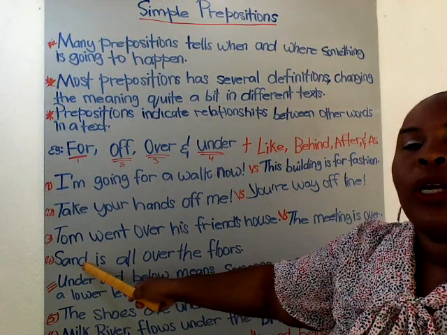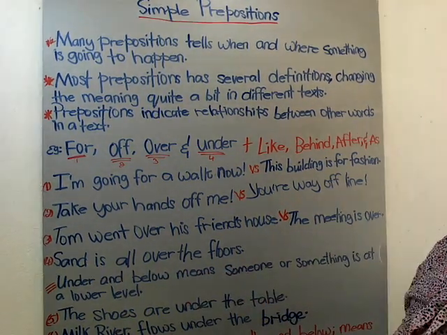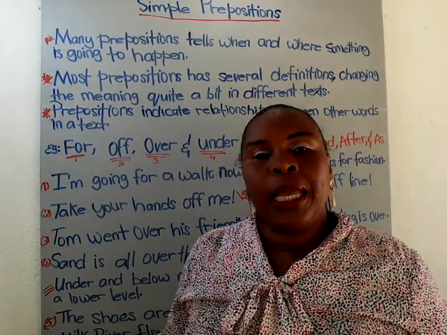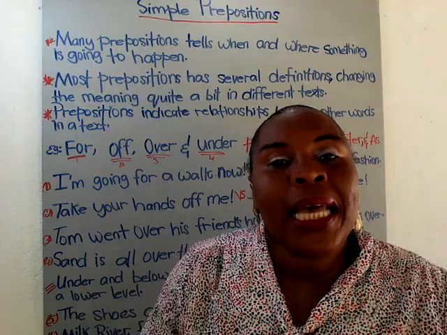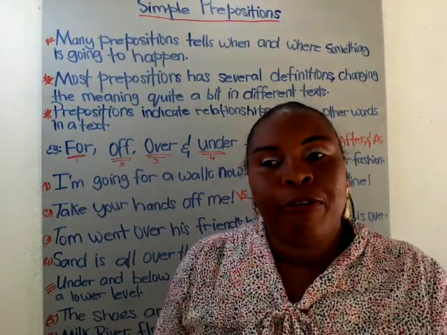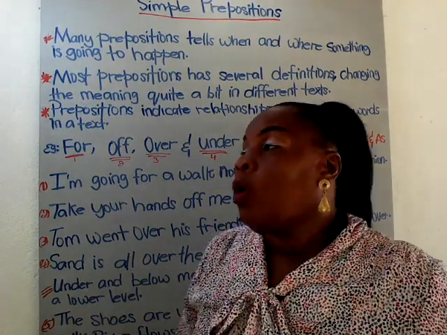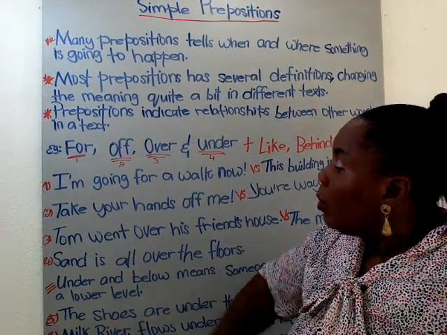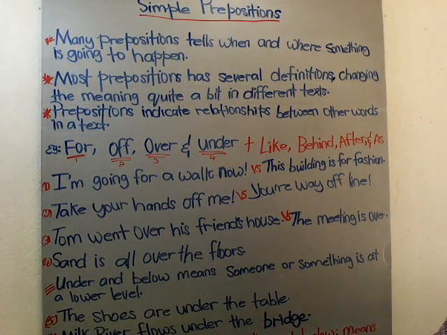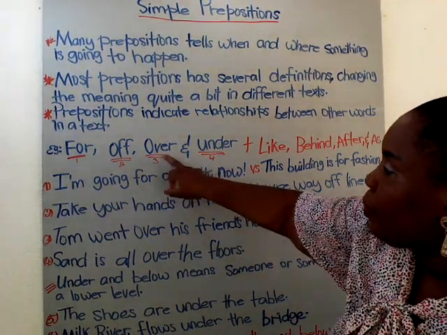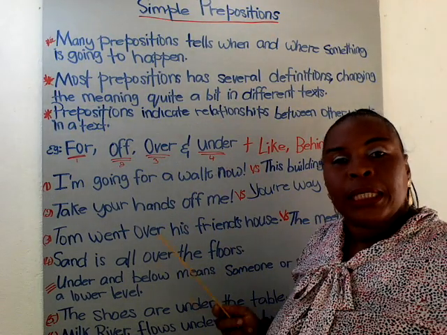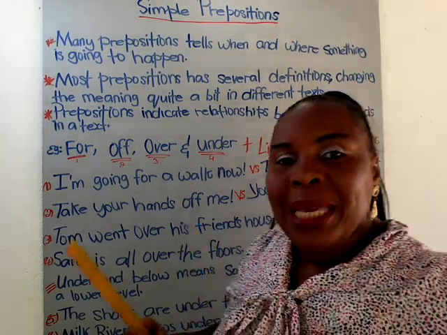Look at this one, number 4. Sand is all over the floor. When you say sand is all over the floor, you're saying sand is covering the entire floor or the entire table. So this same word over, we could use in 3 different sentences and get 3 different meanings.